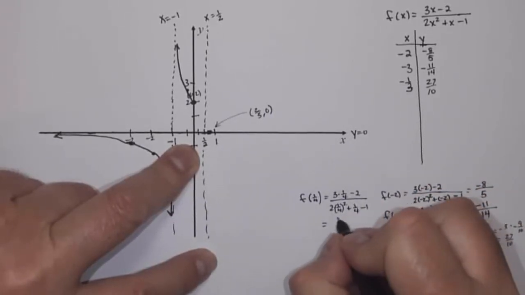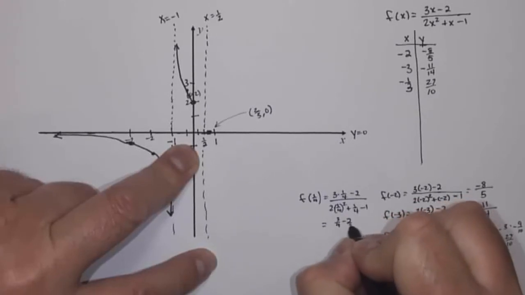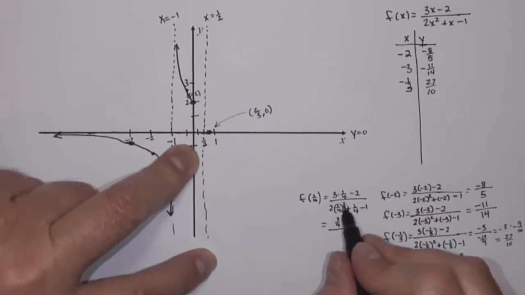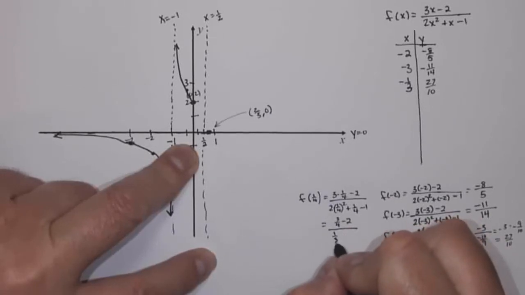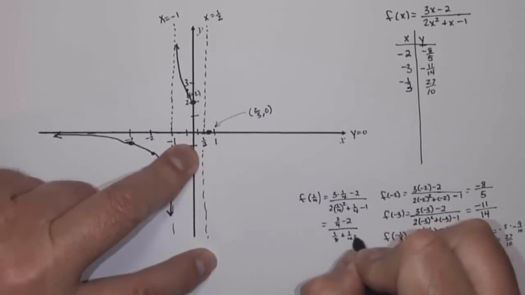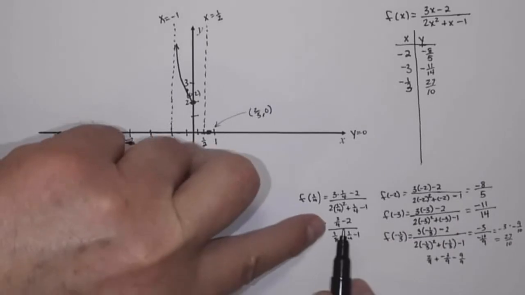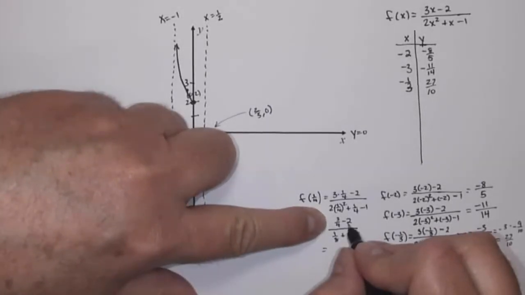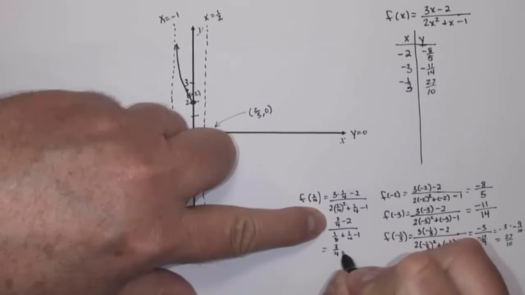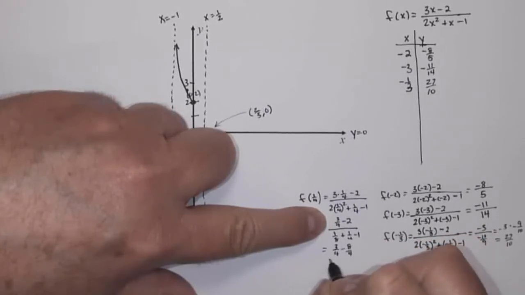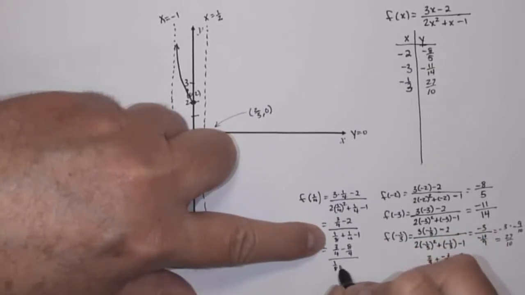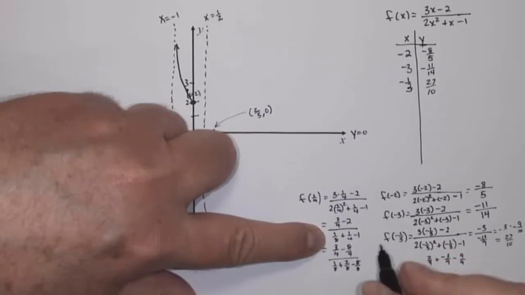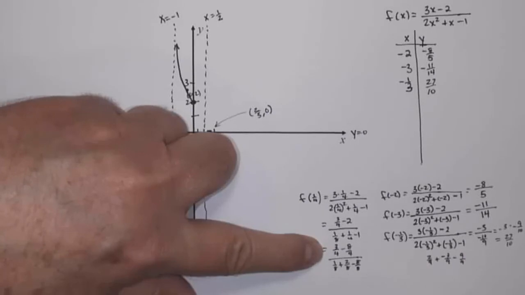Well, 3 times 1/4 is 3/4 minus 2, and 1/4 squared is 1/16 times 2 would be 1/8 plus 1/4 minus 1. Now, 2 would be the same as 8/4, so I have 3/4 minus 8/4, and I have 1/8 plus 2/8 minus 8/8 if I find common denominator.